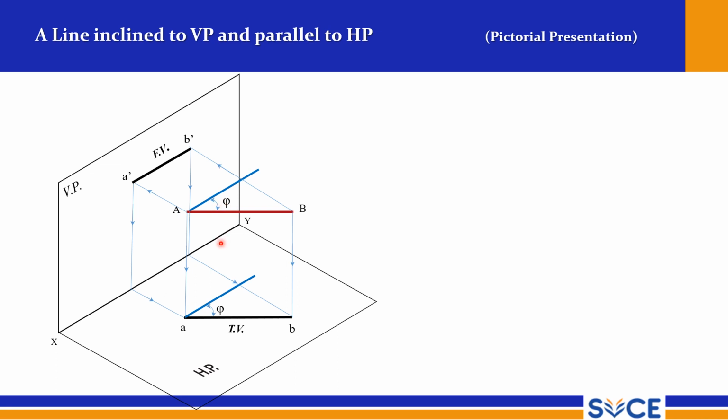Similarly here, when phi is 0, the front view will have the same length as AB, whereas when phi becomes 90 degrees, A dash B dash distance will become 0, where you can see a point only.